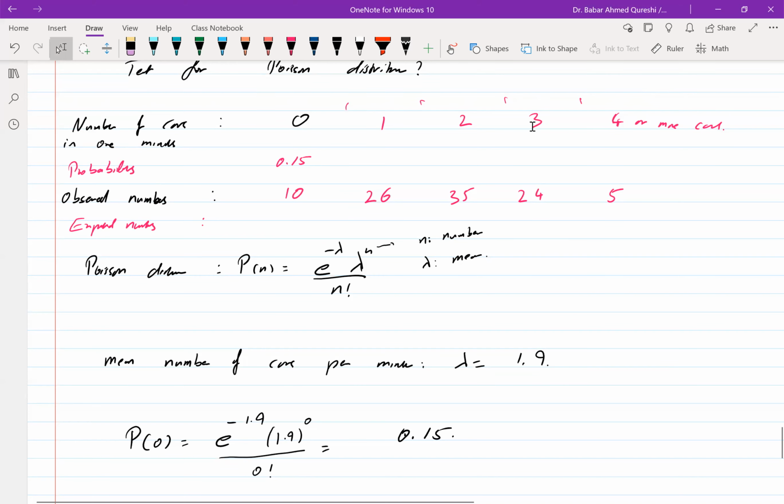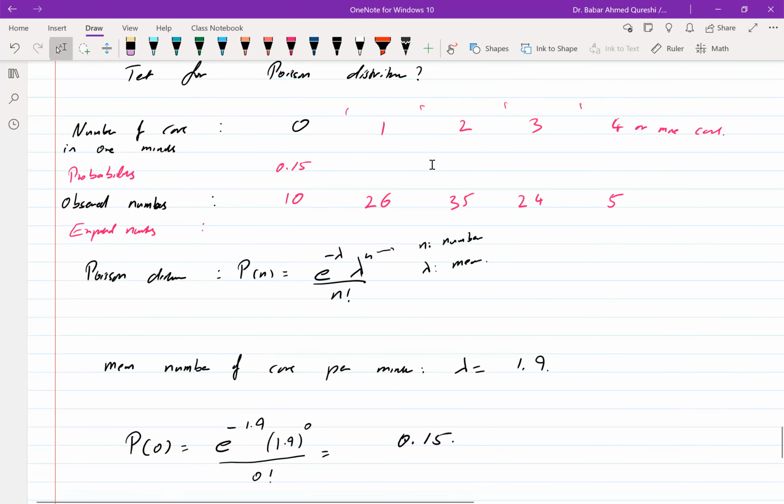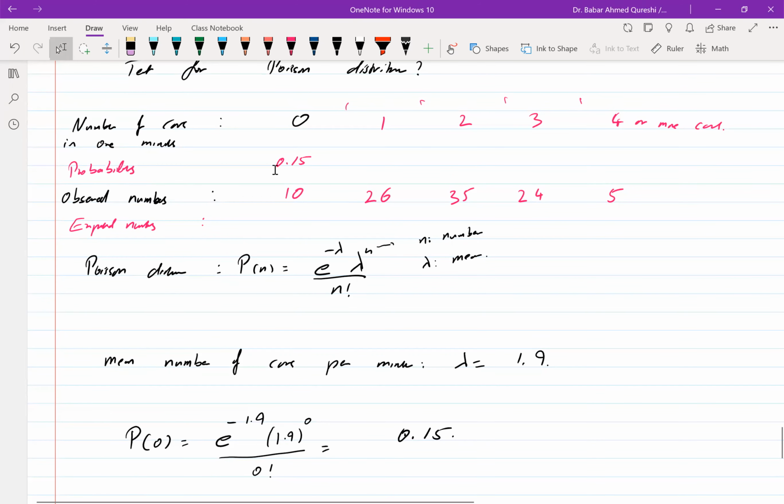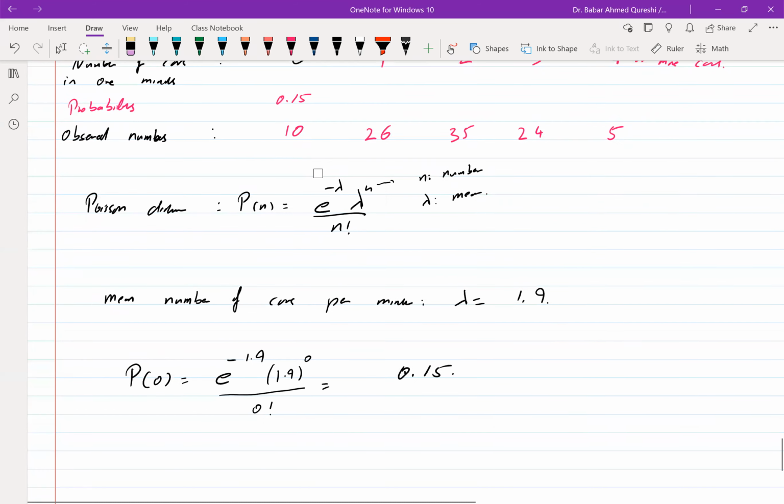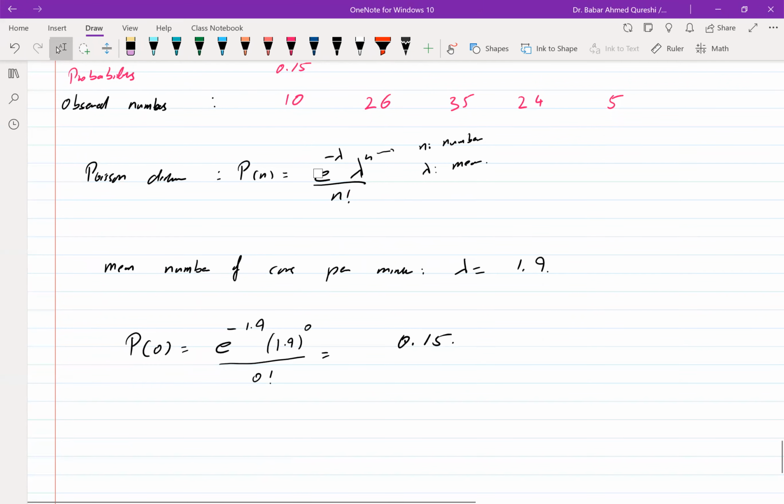then I have 190 times this 0.15. Okay, I'll write these below. There's no space here. Let me first just compute the probabilities for these. For each one of them, I can compute these numbers. This is fixed for all of them, and this is 0.15, so I keep it like that.